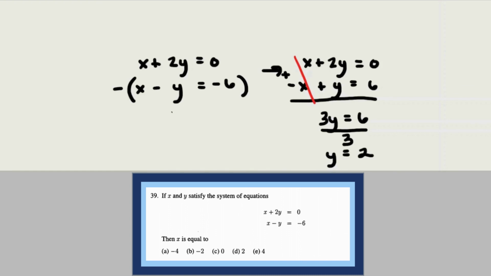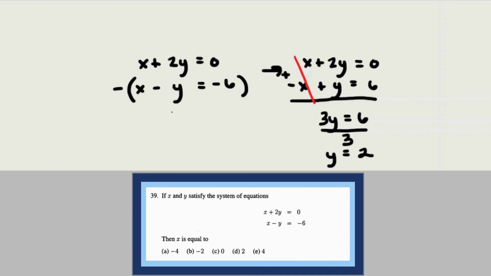Now we just need to find what our x is going to be. So in order to solve for x, we're going to plug in what we found for y into one of our equations. We can plug it into any equation, the top or bottom. So I'm going to plug it into the bottom equation, x minus y equal to -6.